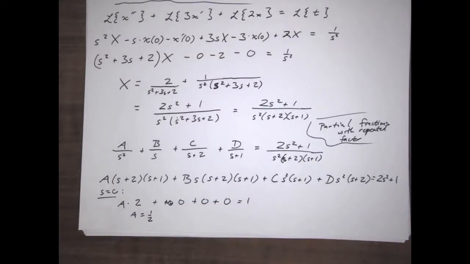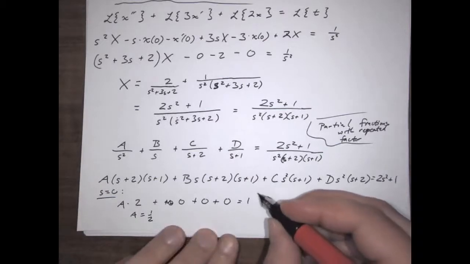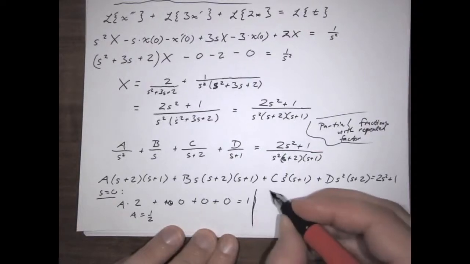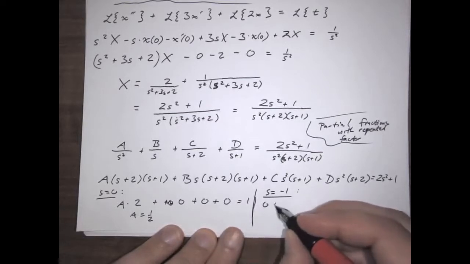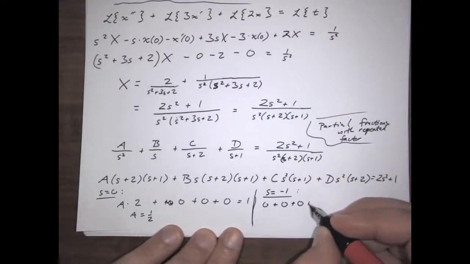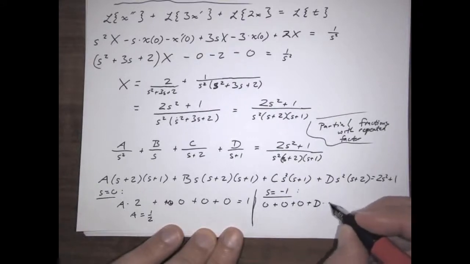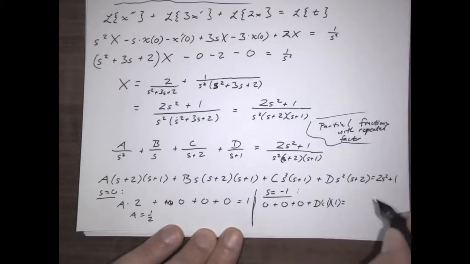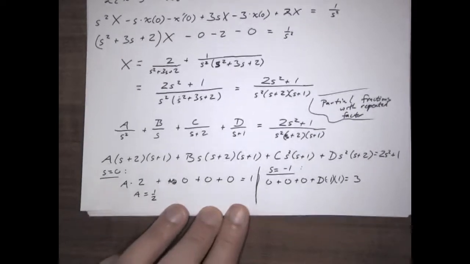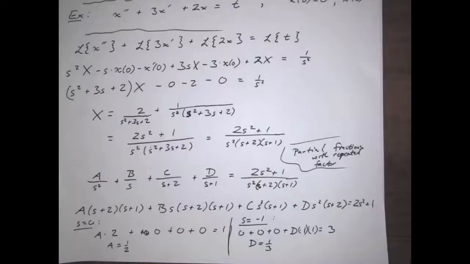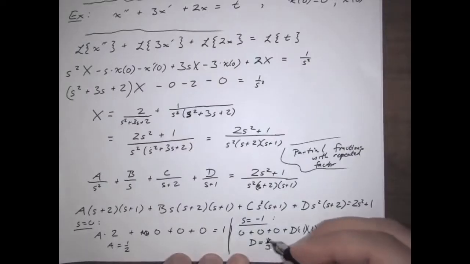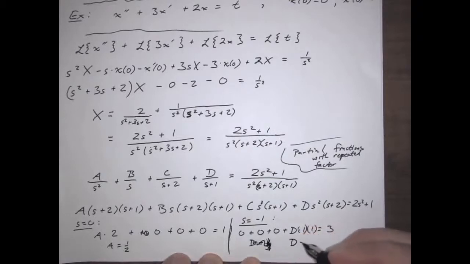Now what we can also do is plug in s equals -1. So that's going to be 0 plus 0 plus 0 plus D times 1 is equal to 3. So that means D equals 1/3. Oops, no, I mean obviously D equals 3.